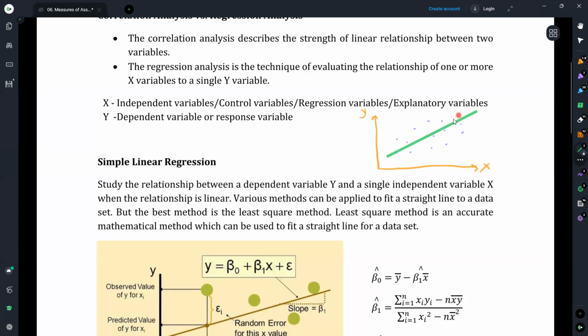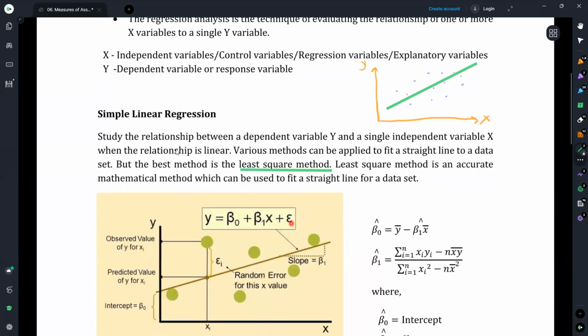To identify the best fitting line, the method we use is the least squares method. Here I'm not going to elaborate much on the least squares method. We can show it using a picture I have included, and I'm not going to discuss minimizing the errors and those things here.